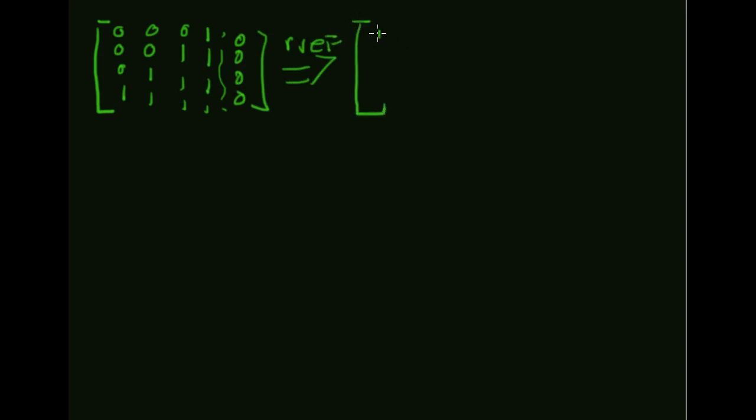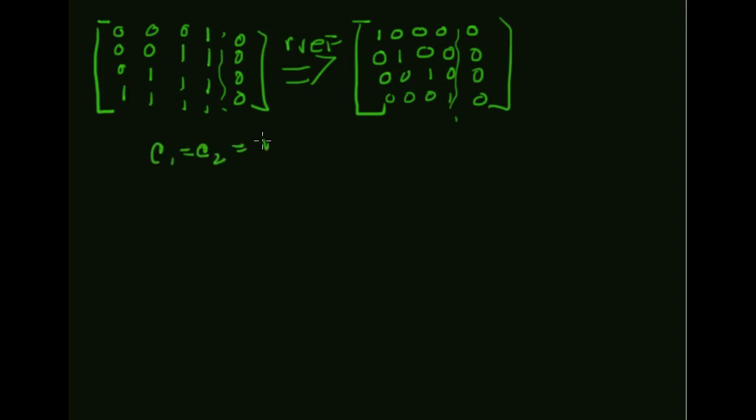And lo and behold, I get the identity matrix, which is telling me that C1 has to be equal to C2, which has to equal C3, which has to equal C4, which has to equal 0, which means that I am linearly independent.